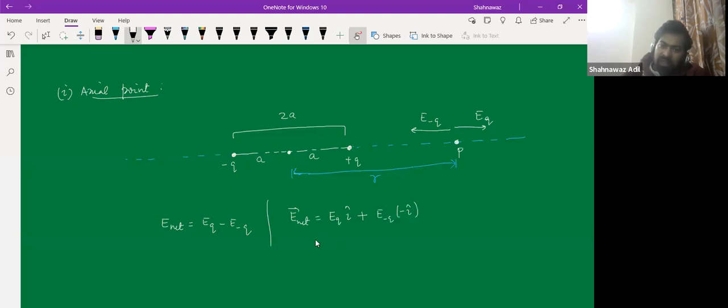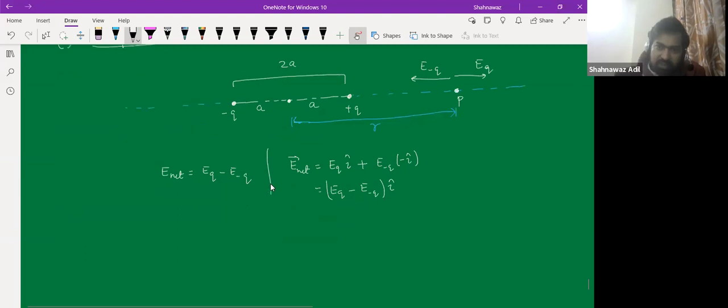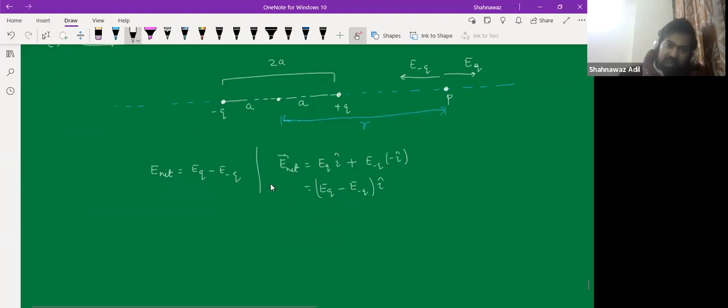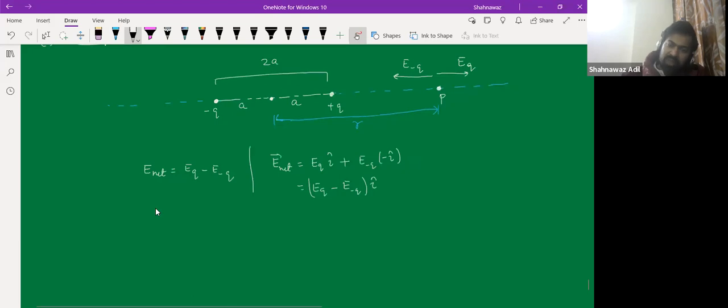So this minus will come here and it will become E_Q minus E_Q i. So that is why we have written this as minus of this. Clear? Is it clear, guys? Yes, sir.